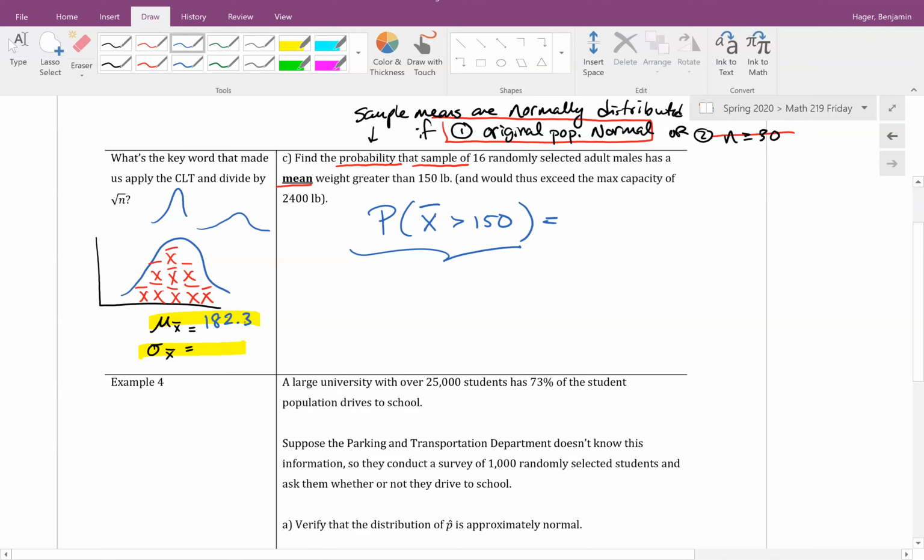And the standard deviation of the sample means is the population standard deviation over the square root of n. So it was 43.8 for the population over the square root of 16, my sample size. That's 10.95. I need to tell StatCrunch those two things in order to calculate this probability.